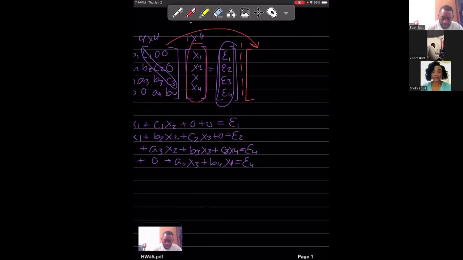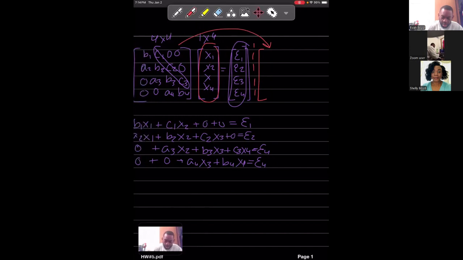Our B's are the longest diagonals, which has 4. So our B's would equal the number 4 for our matrices, and our A values and our C values would be n minus 1. I just want to make that note because we have to mention that later on.